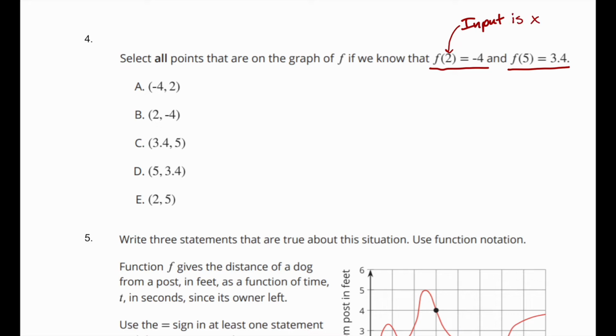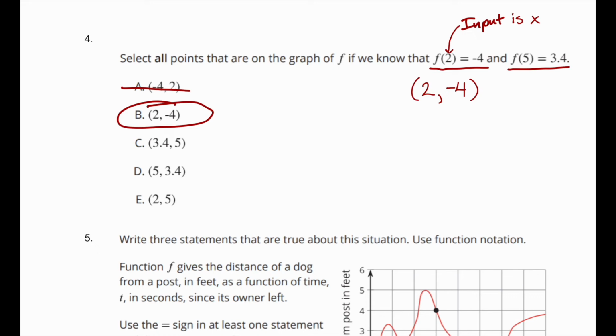So if we're writing these in coordinate pairs of x comma y, this is going to be 2 comma, and then our output value is that -4, so that's our y value. And I do see that as one of my options over here on the left, so that is one of my options, 2 comma -4. Which also means we're not using -4 comma 2 because that is the flip-flopped version. It's a little bit of a trick answer.